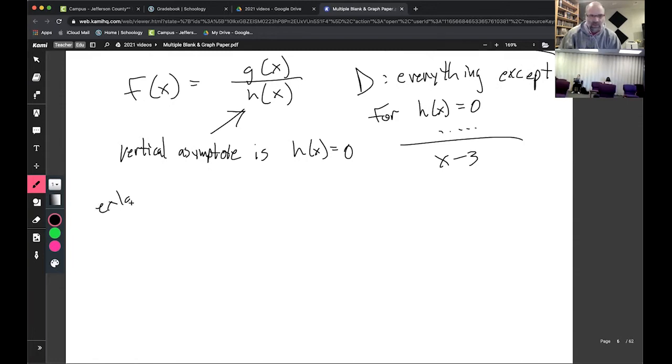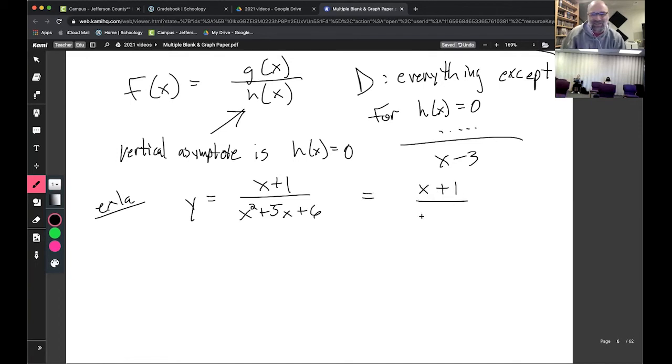Here's example 1a. y equals (x plus 1) over (x squared plus 5x plus 6). Okay, so when in doubt, factor it out. So this is how you factor this: (x plus 2)(x plus 3).